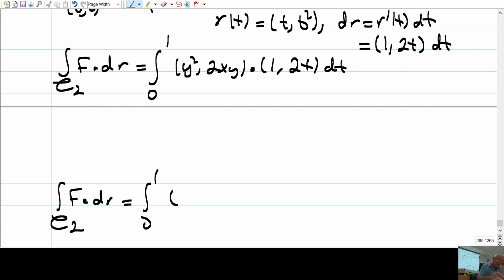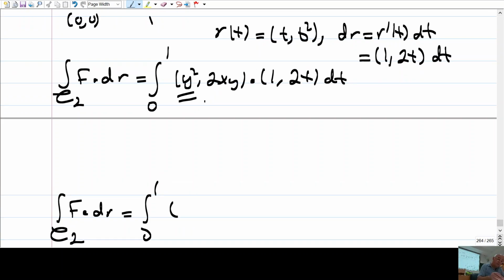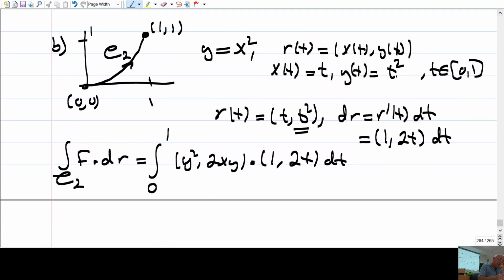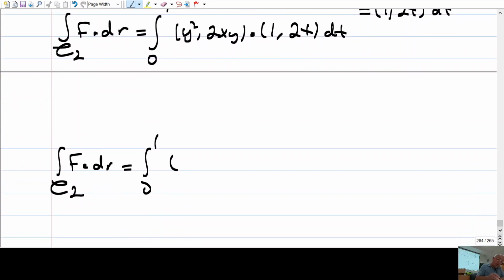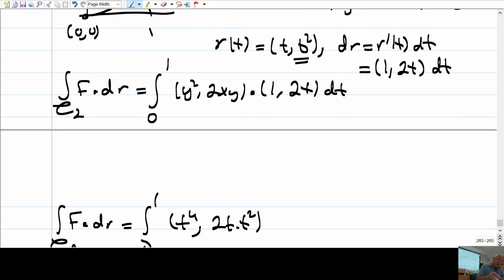I can substitute the corresponding expressions in t for x and y. y was t squared, so y squared is just t to the power 4, comma 2t times t squared, right? And then I have the dot product with (1, 2t), and then we have dt.